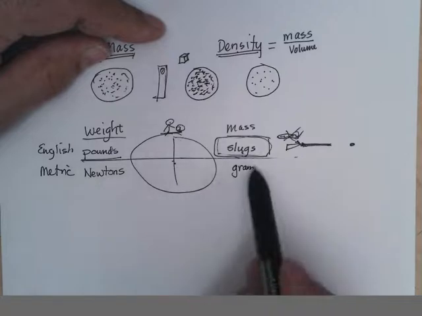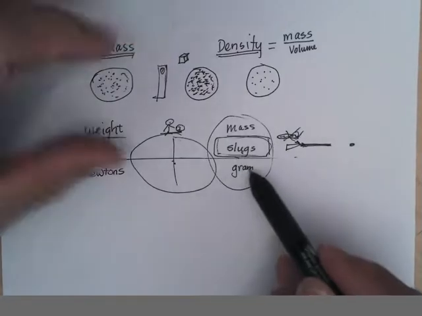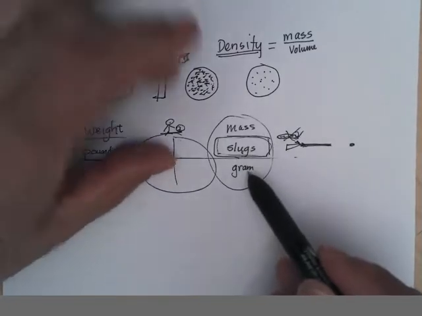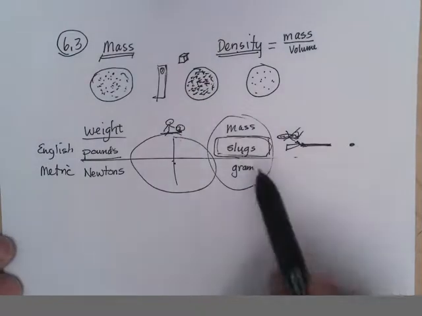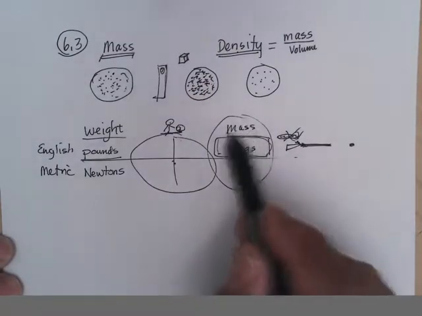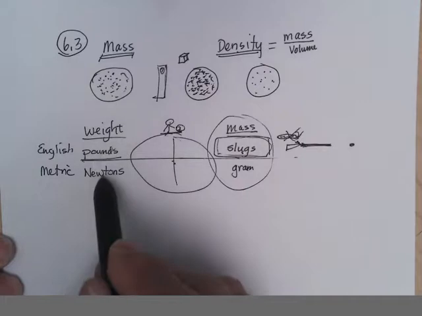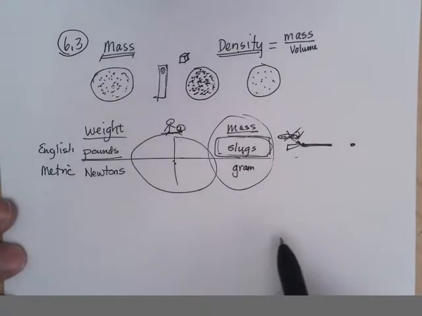Mass isn't affected by how high we are or how far we are from some other object. The amount of material that makes up something stays the same. The weight changes depending on how close two things are together or not. Okay?